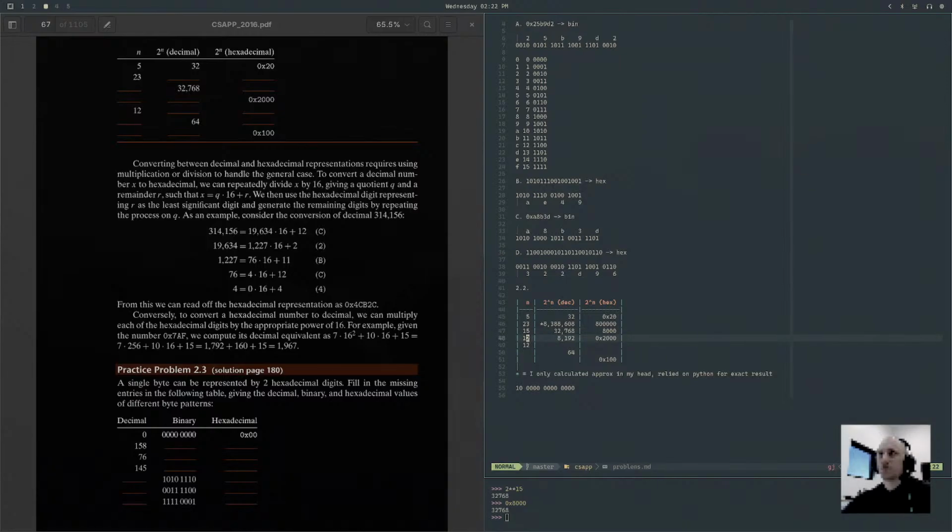That's 12. 2 to the power of 12. No, it's not 12, it's 13. There we go. So 2 to the power of 13 is equal to 8,192, which is equal to 0x2000. Bam. So 12, that's easy, it's 4096, I know that off the top of my head.